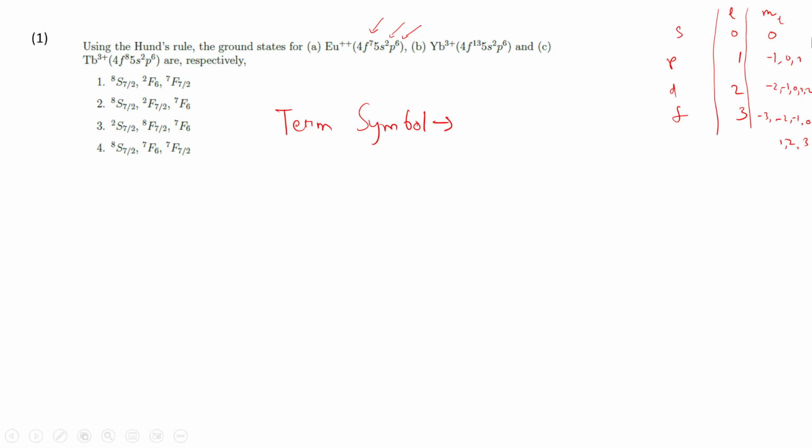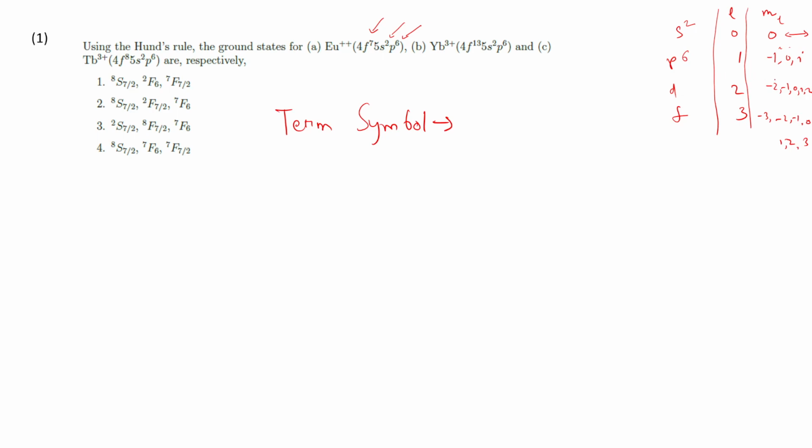Each of these can take 2 electrons. So for ml equal to 0, 2 electrons can go in, so it is totally filled. For p, ml equal to -1, 0, 1 each can take 2 electrons, total 6 electrons.